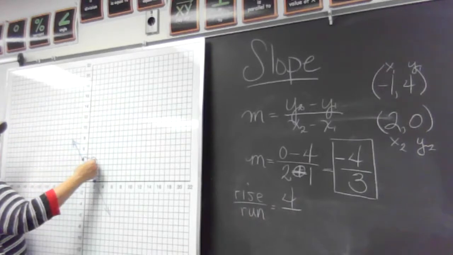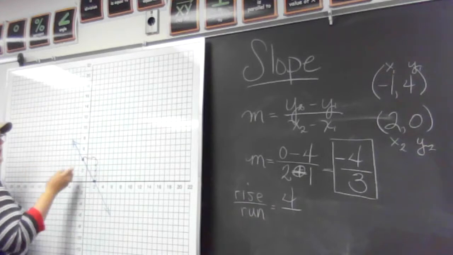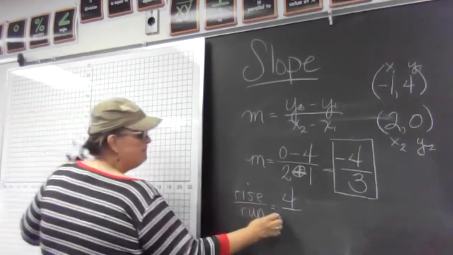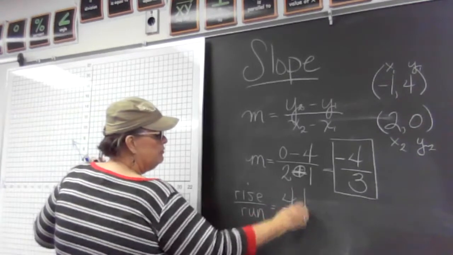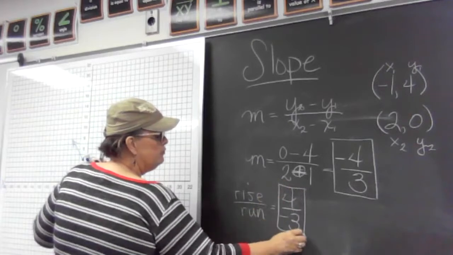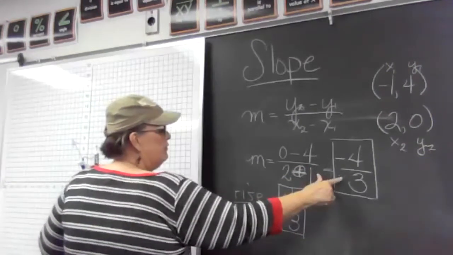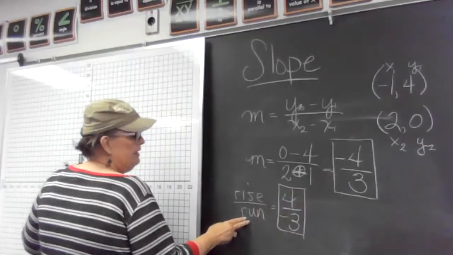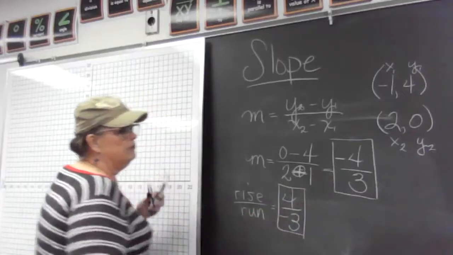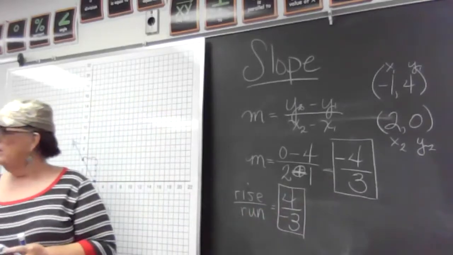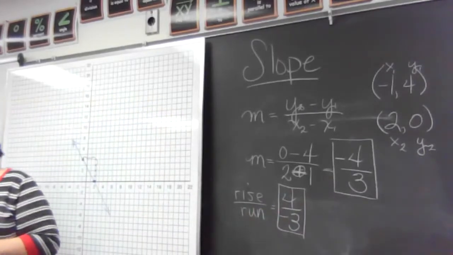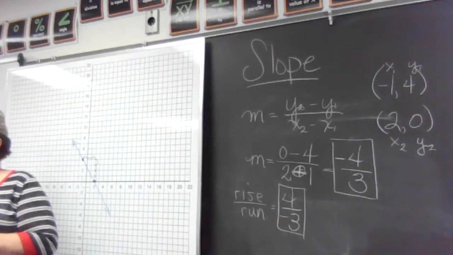But if you'll notice, I went in a negative direction, so it has to be a negative 3. And there you are. If we use the formula, we get negative 4/3. If we do the count, we get negative 4/3. So you don't always have to plot the points. You can just use the formula.